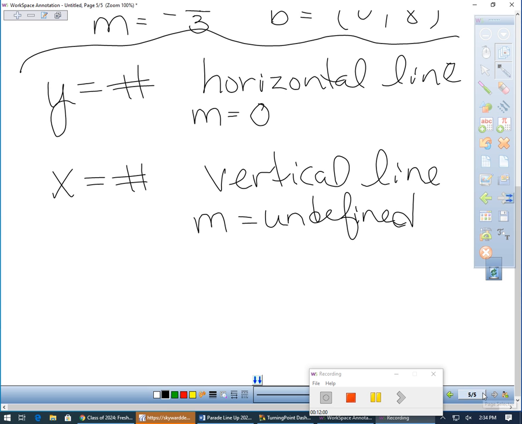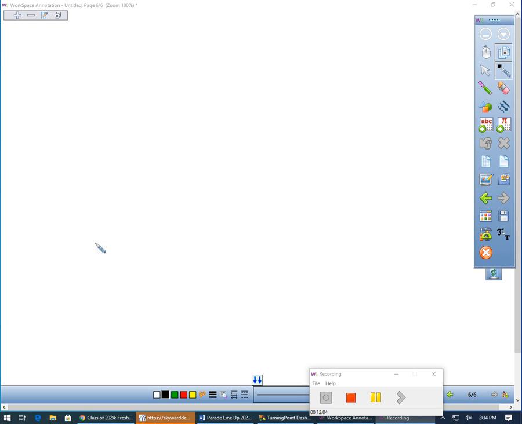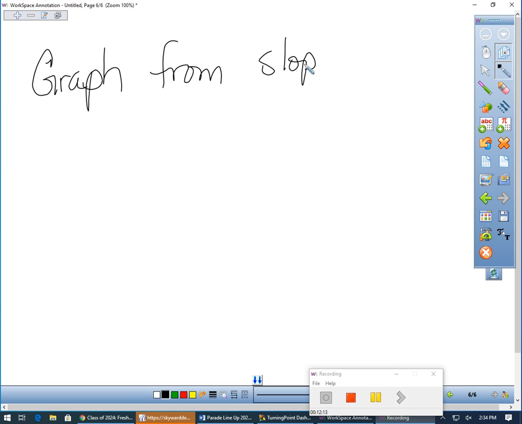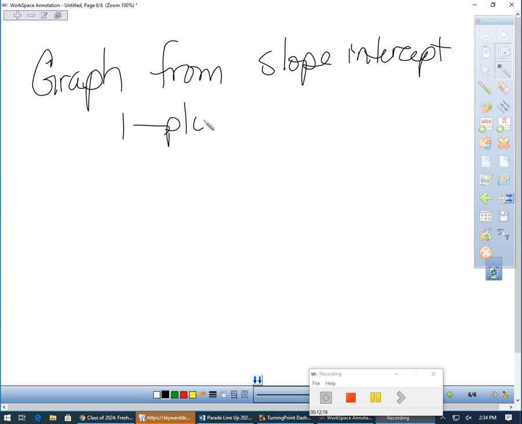And then the only other thing I have left to talk about is, does anybody remember how to graph from slope-intercept? Okay. Step 1, I want you to plot the y-intercept, or your B point. Okay?